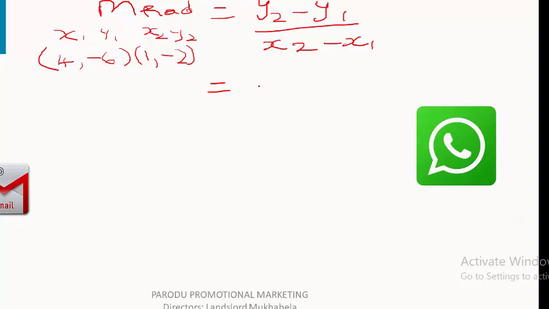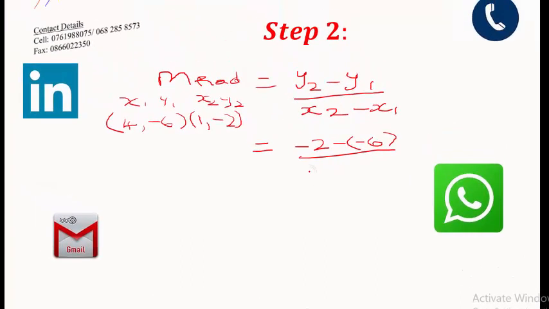Now -2 minus, inside the brackets we'll have our -6, all this over x2, which is 1, minus 4.